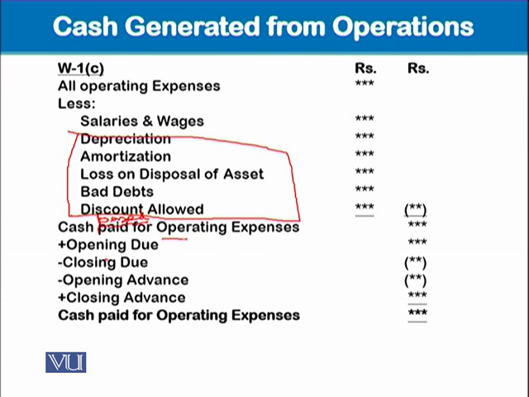And we will do reverse working for this due and advance to work out cash paid for operating expenses. All right, that's great. So this is how we work out cash generated from operation under the direct method.